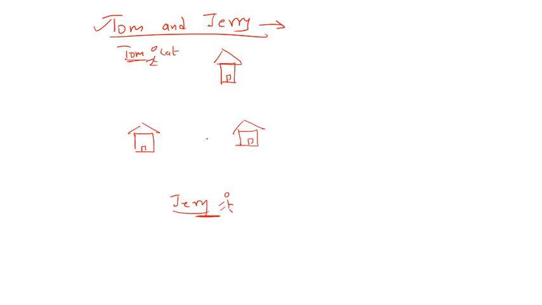In how many possible ways can Tom catch Jerry? Let us see. Tom is coming from this house, entering this house first, and then catching Jerry. That is one way. In another way, he comes from this house, enters this house, and catches Jerry. So how many ways totally? Two ways, correct?